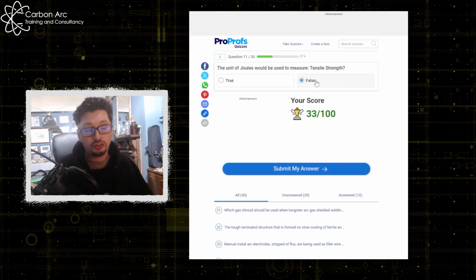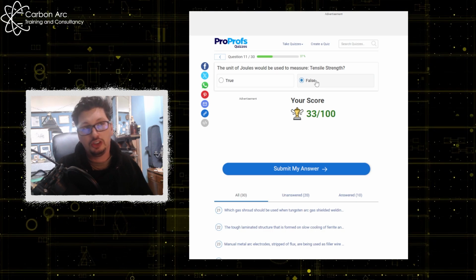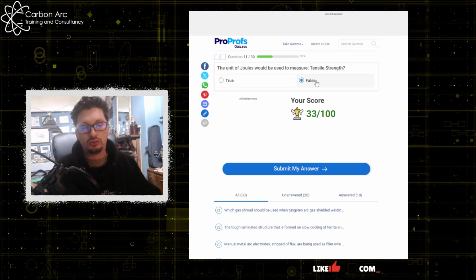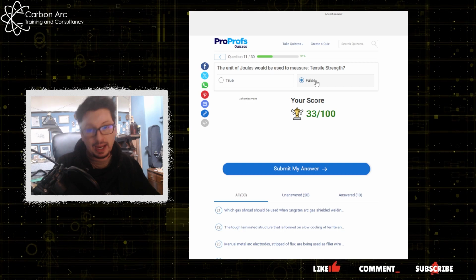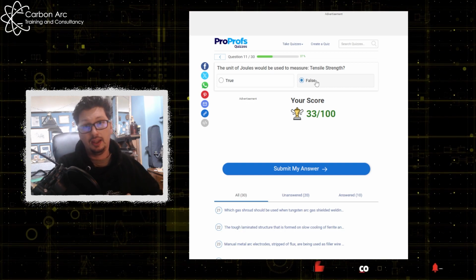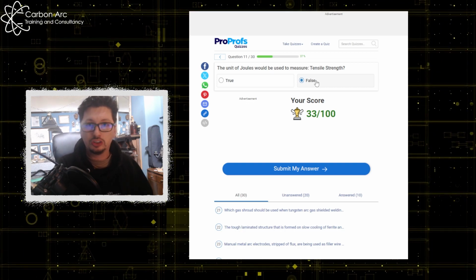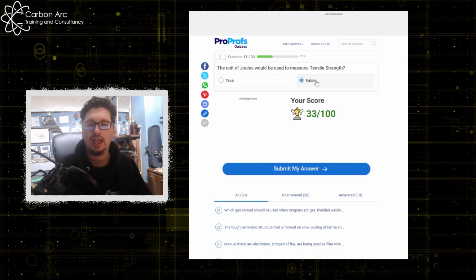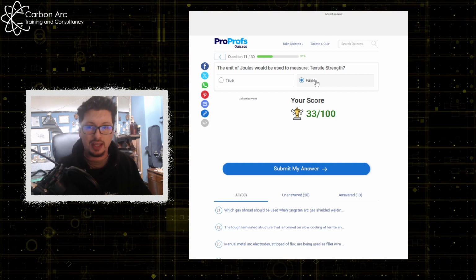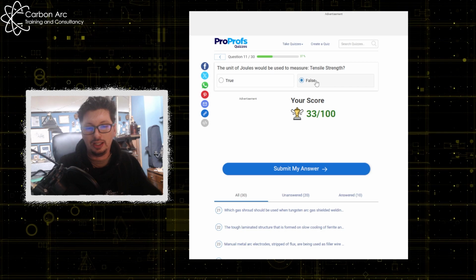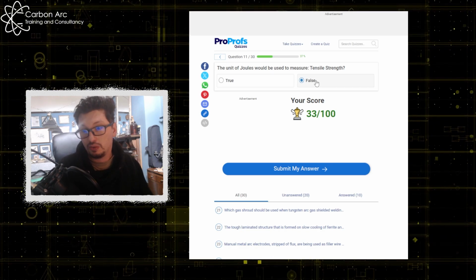So that's false. Joules is an energy, so it's used for impact energy in Charpy V-notch, CVN testing. Tensile tests to EN are in newtons per millimetre squared.